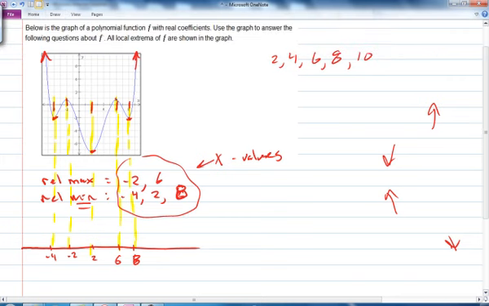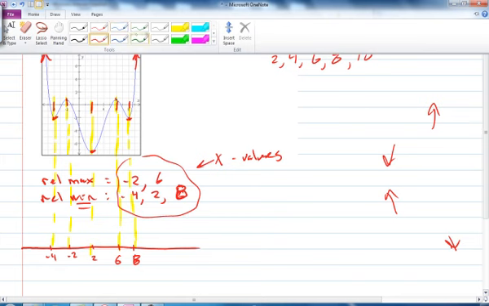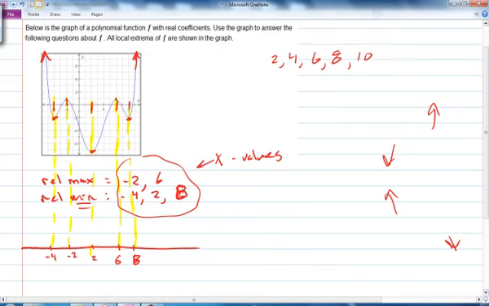So what do we know? It looks like to the left of -4, in this portion of the graph, I would say the function is decreasing, because as I move from left to right, it's going downhill. So there it's decreasing.